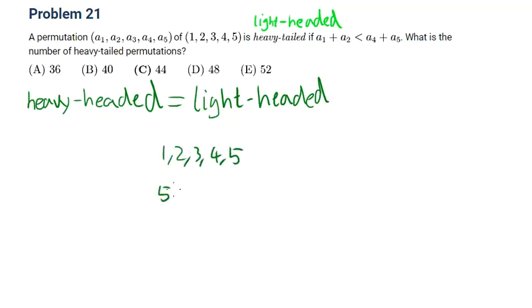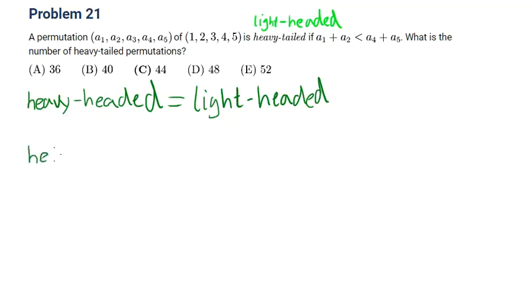You reverse it, 5, 4, 3, 2, 1. There. Now you get a heavy-headed permutation. Of course, there's also the situation where this is symmetrical, where the head and tail are equal weight. Now the total number of permutations is of course 5 factorial.